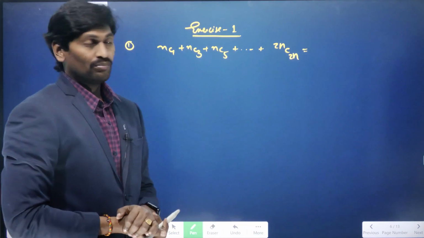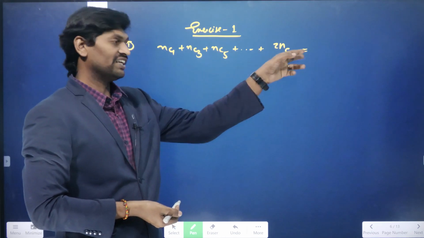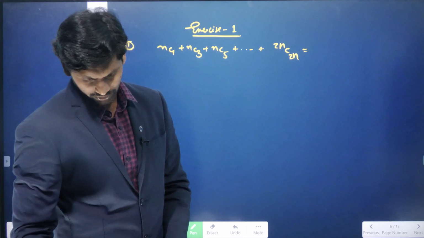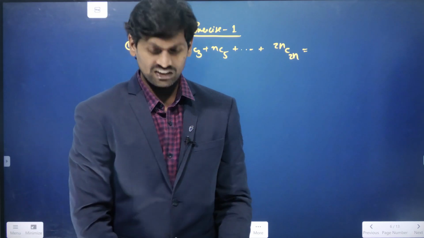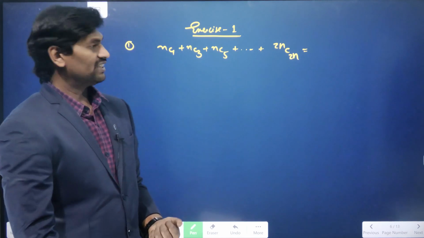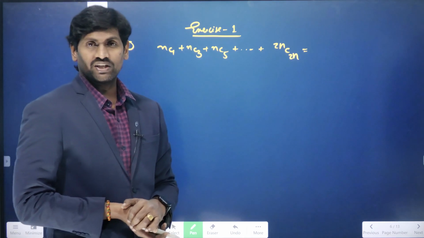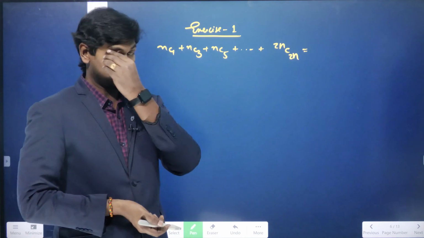But while you are observing, it is starting from nC1, nC3, but the ending is given in 2nC2n format. So let us check that. It is nothing but simply the sum of all its odd coefficients. Am I right?